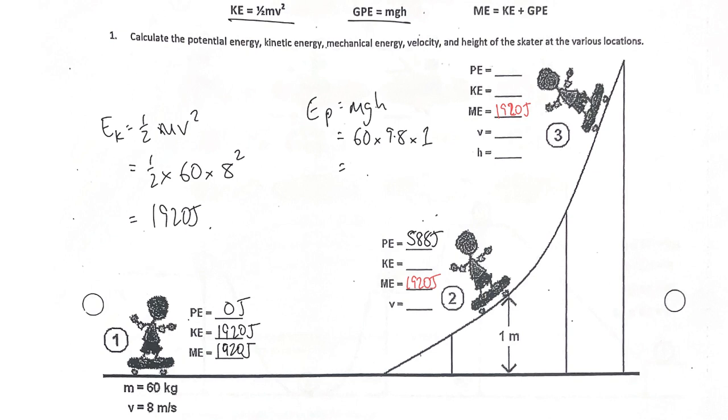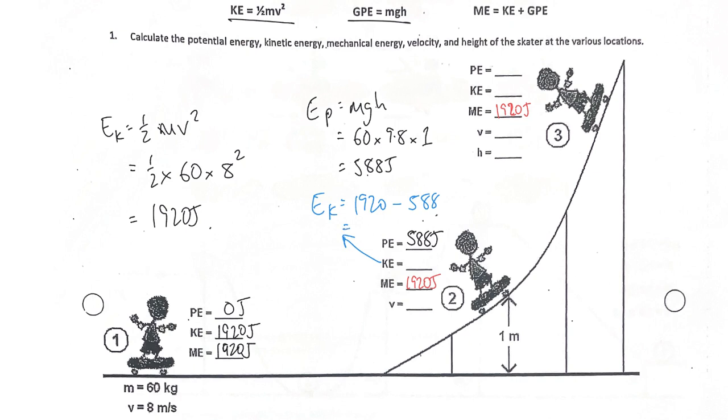Now here's the key idea. The kinetic energy and the potential energy have to add up to the total mechanical energy. So I should be able to say that the EK is equal to 1920 subtract 588, because the kinetic energy and the potential energy have to equal up to the mechanical energy.